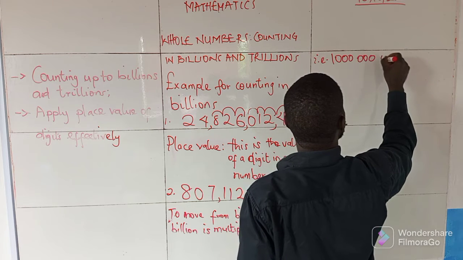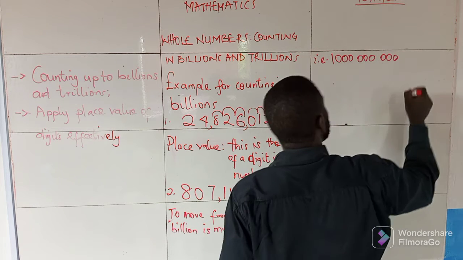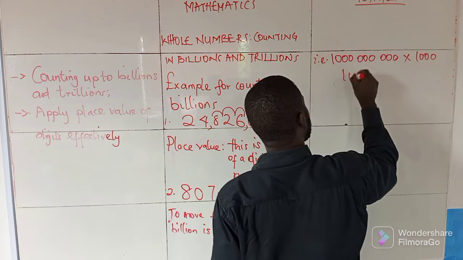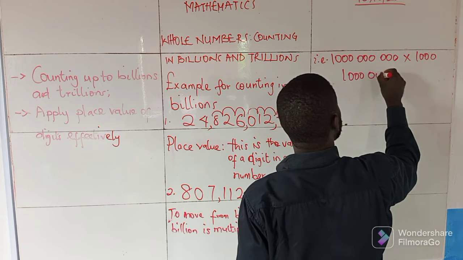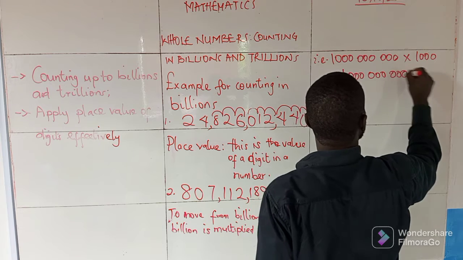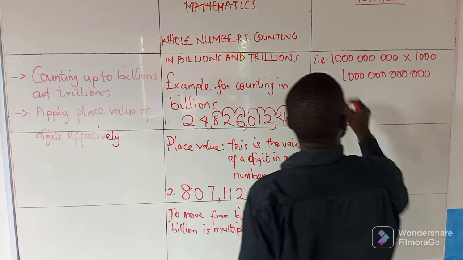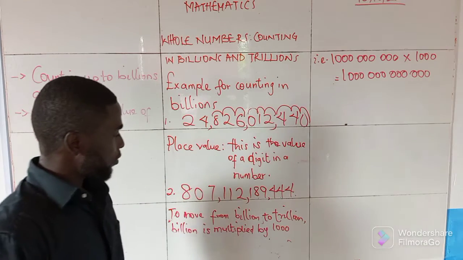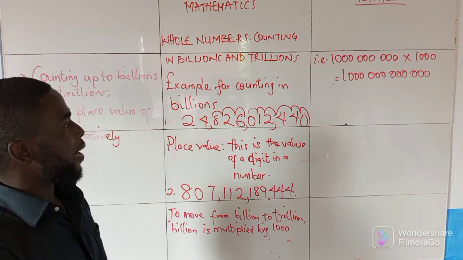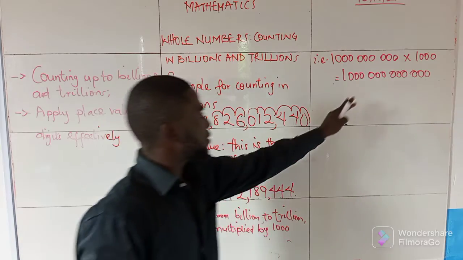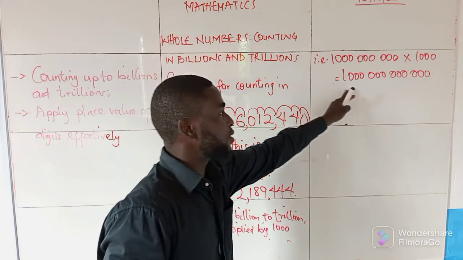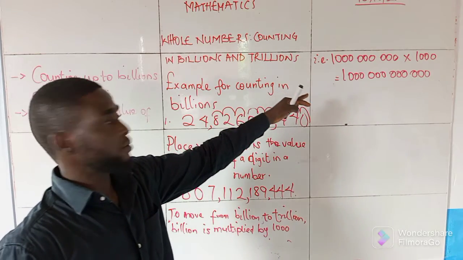You multiply by 1,000 to get a trillion, which has 12 zeros. So this is 1 trillion. Okay? So once you have 12 digits attached to a number, we've crossed into the trillion category.